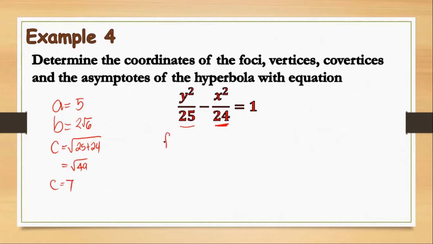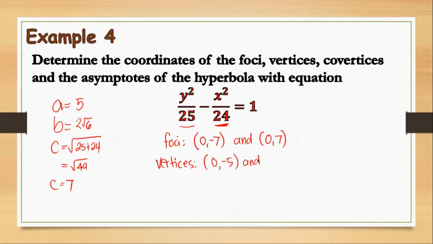Now, it's easy for us to find the coordinates of the foci. The coordinates of our foci will be 0, negative 7, and 0, 7. For our vertices, the coordinates will be 0, negative 5, and 0, 5.